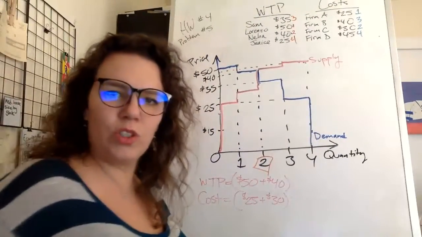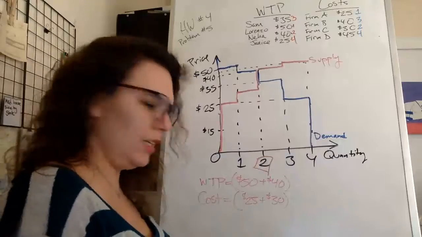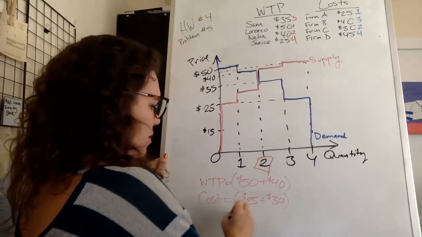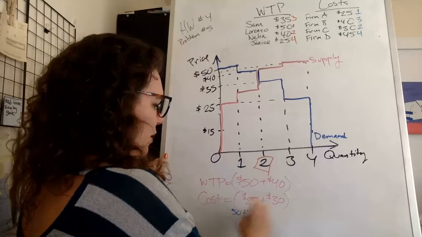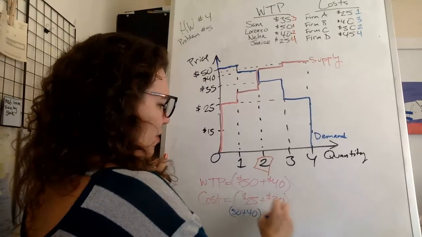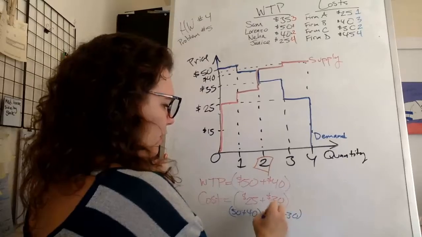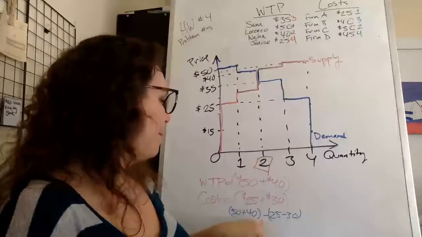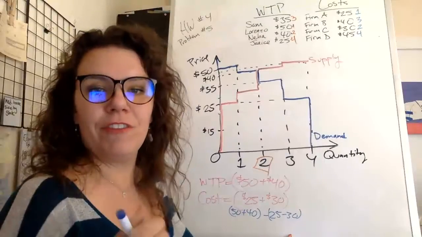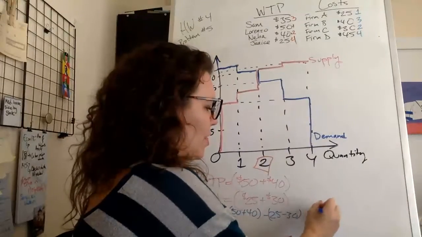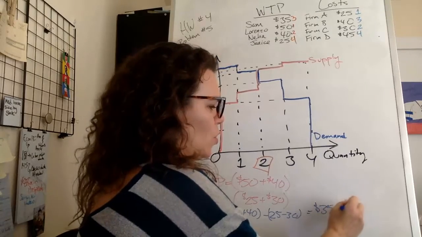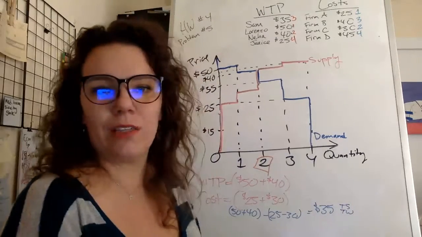The total surplus is going to be, let's do this, $50 plus $40 minus $25 minus $30, or a total surplus of $90 minus $55, or a $35 total surplus or total welfare, depending on what you want to call it.